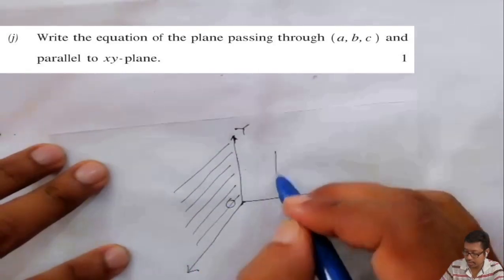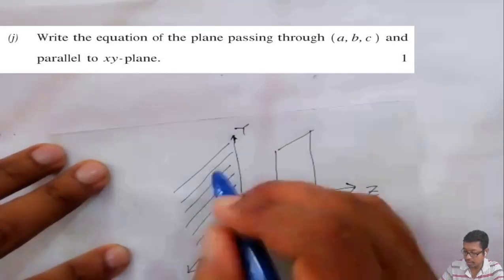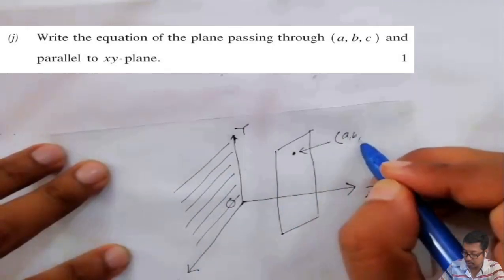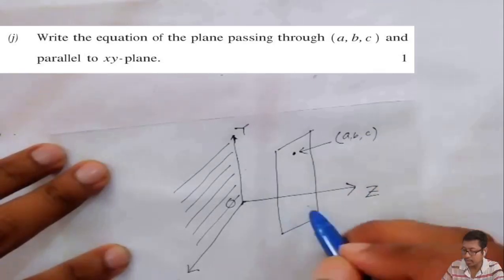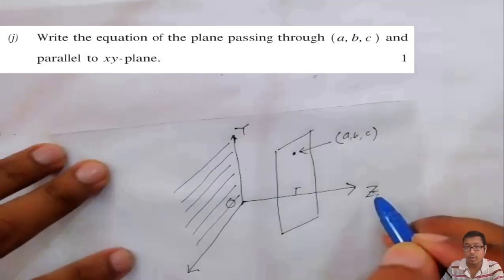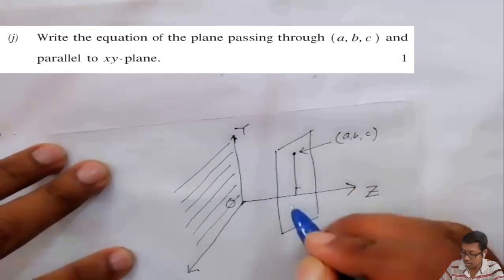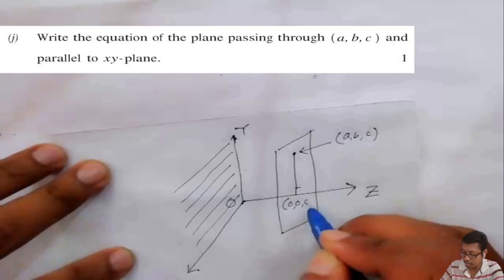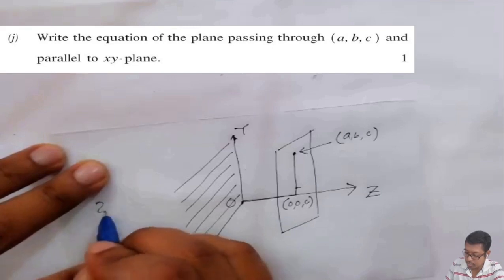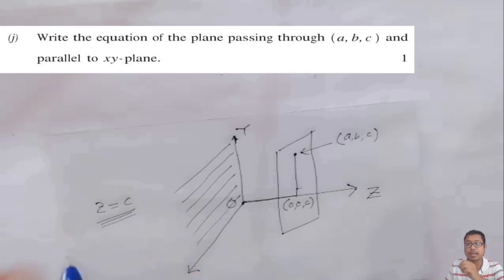Let me consider one plane which is parallel to the xy plane, and suppose it passes through the point (a, b, c). If this plane is parallel to the xy plane, then it must be perpendicular to the z-axis. Now if I draw a perpendicular on the z-axis, obviously this point will be (0, 0, c). So from here I can say that z = c is our desired plane, and that is our answer.